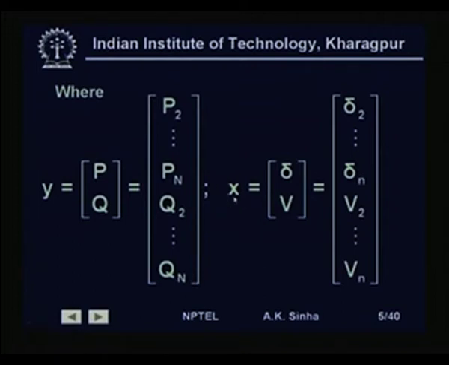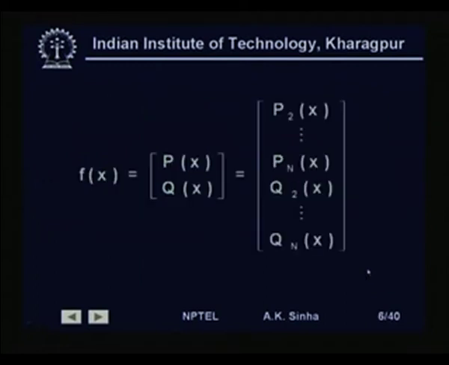The unknown vector, or the state vector, is given by the voltage phase angle delta and V. Again, this delta is for all the buses except the slack bus, for which we already know the angle. As we said earlier, since the slack bus can be taken as a reference, delta 1 is normally taken as 0 degrees, and so we have from delta 2 to delta n the voltage angles, and V2 to Vn the voltage magnitudes for all the buses except the slack bus.